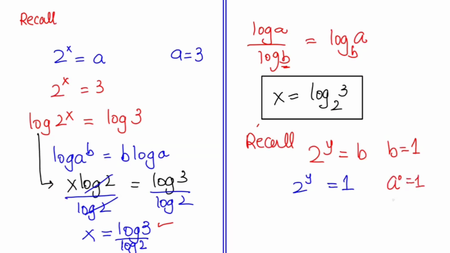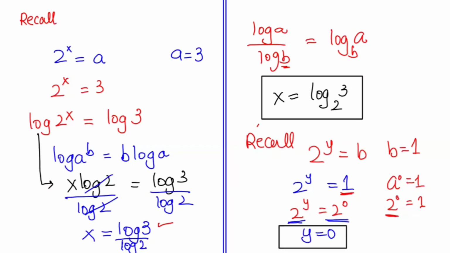So I can write 2 to the power of 0 equals 1. So in replacement of this 1, I can write 2 to the power of 0. So 2 to the power of y equals 2 to the power of 0. And we have the same bases, so we can equate the powers. y equals 0. Now we get the y value, that is 0.